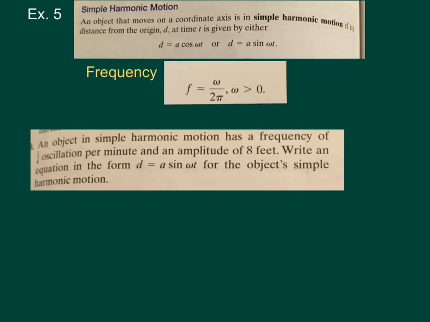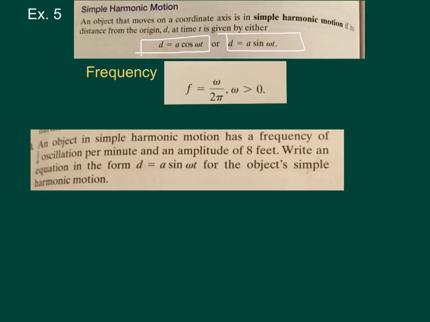So simple, for example 5, simple harmonic motion. When you think about music and looking at measuring motion, we have this equation which looks like our sine and cosine equation. Where A is your amplitude, so the absolute value of A is your amplitude.